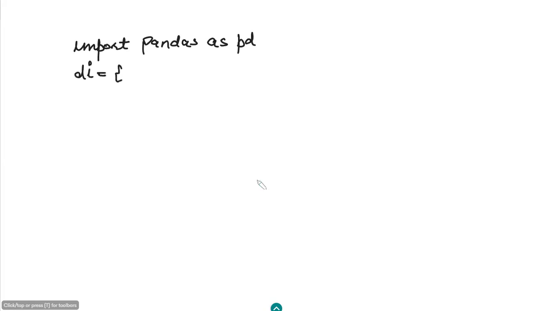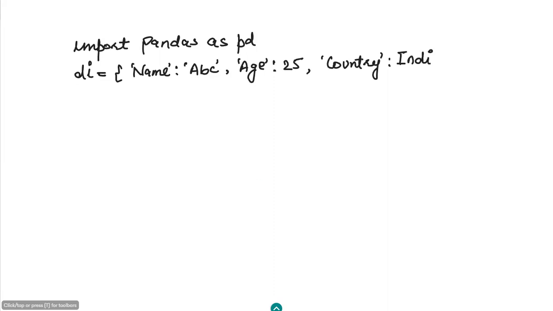This is the simple dictionary in which we will create, suppose, name ABC, age 25, country India, and now close curly brackets.